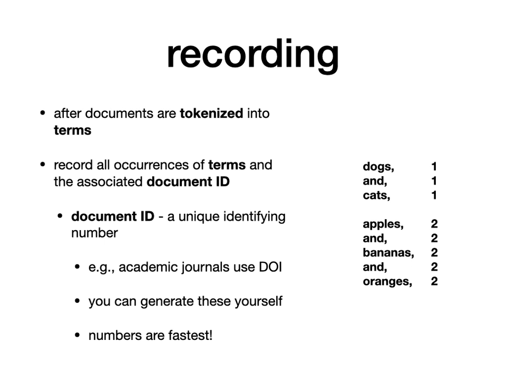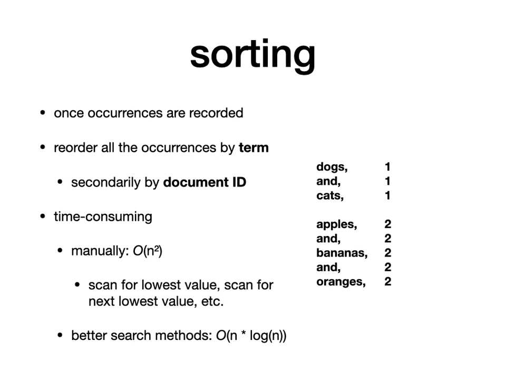If I have an array of 1 million documents that I'm calling my collection, the address in that array where the document lives is its ID. So we walk through the text and keep track of each tokenized term and the ID of where that term lives: term, ID.